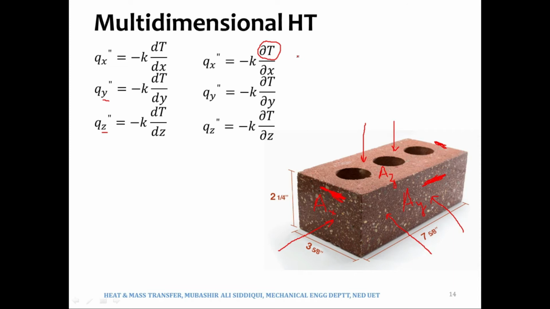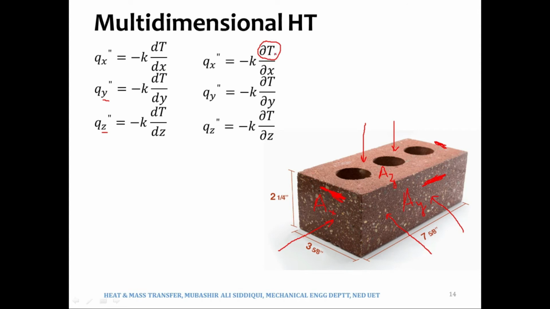You probably would know the difference between d and the partial derivative sign. If temperature depends only upon one parameter, for example only upon the x-axis and not on y or z, meaning T is a function of x only, then it is the case of one-dimensional heat transfer. And if T is a function of x and y and z, this makes a three-dimensional heat transfer case.